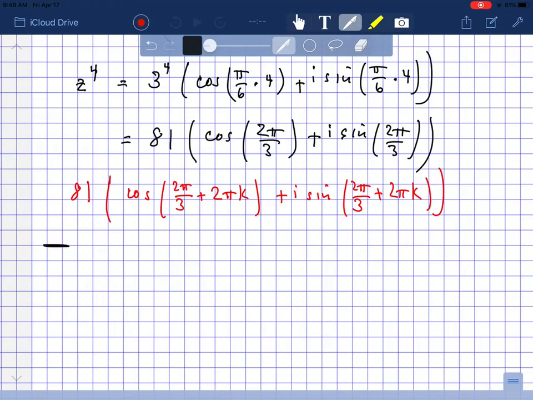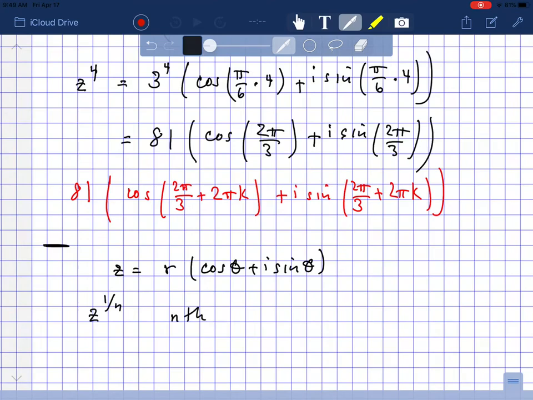Now let's look at one other thing. Suppose I have z equal to r times the cosine of theta plus i times the sine of theta. And what I want to do is look at the nth root of z, which I denote by z to the 1 over n power.